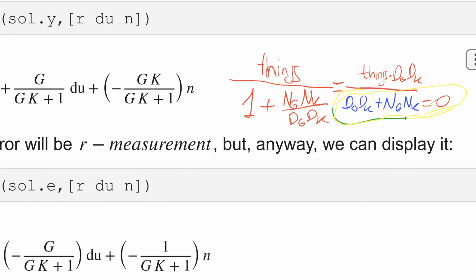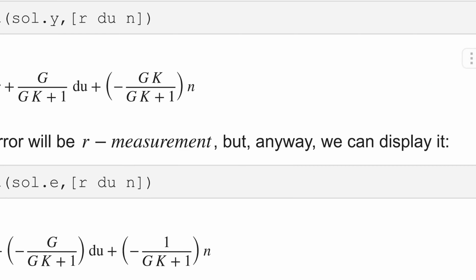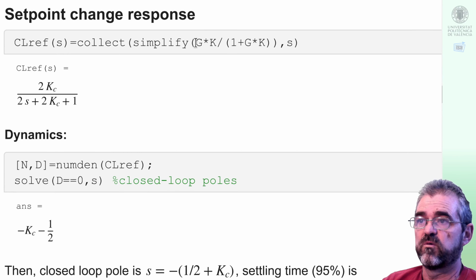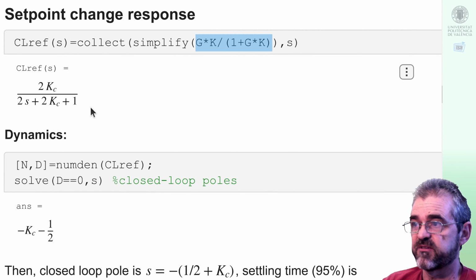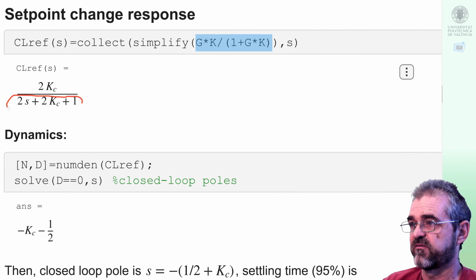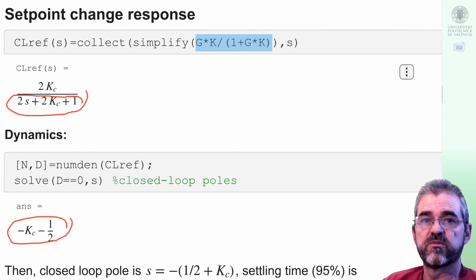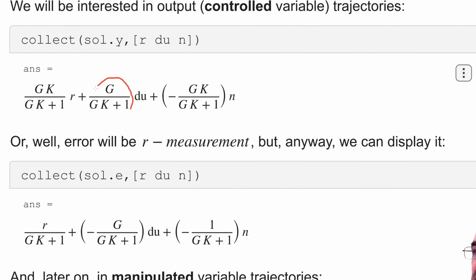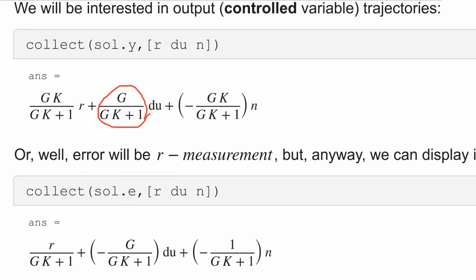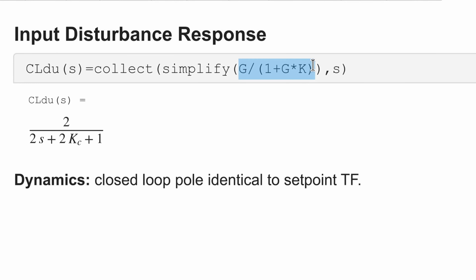But the issue is that everything will have the same denominator once simplified, and indeed, if we check with MATLAB, this was the setpoint tracking response we analyzed in a previous video, and we have this denominator with this closed loop pole. And if I now consider this transfer function, here I have it.